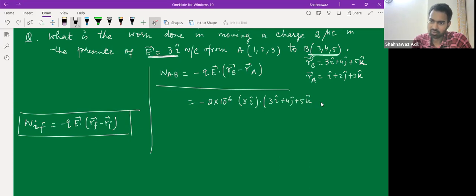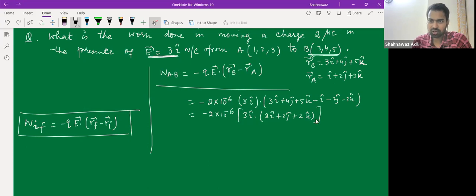So minus of I, 2J minus 3K. So this is minus of 2 into 10 to the power minus 6, 3I dot, this is 3 minus 2I, 4J minus 2J, and this is 2K.